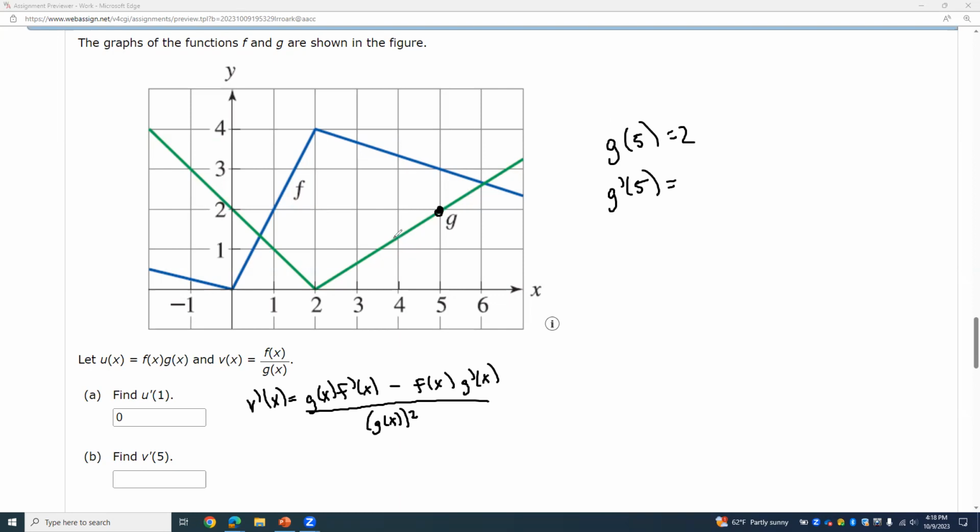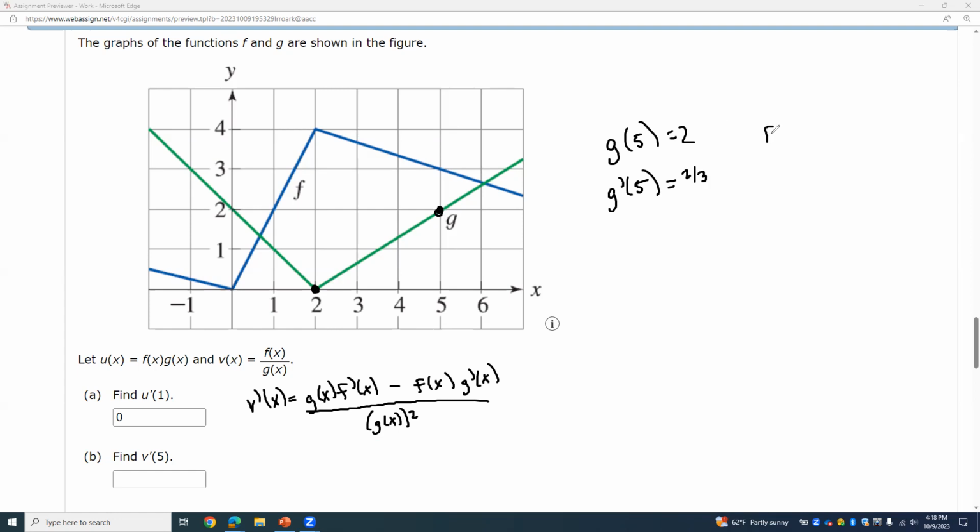Like if I'm looking to the left, x equals 4 doesn't look great, x equals 3 doesn't look great, but x equals 2, that's a nice clear point. There's a point 2, 0, and the other point is 5, 2. So I calculate the slope between the 2 points. It's up 2 over 3, so 2 over 3. Great, my derivative at g of 5 is 2 over 3.